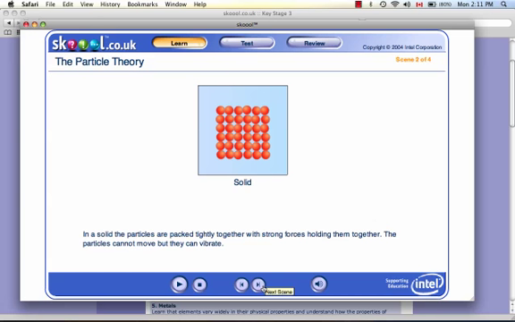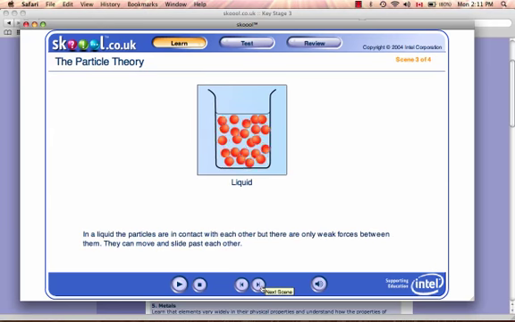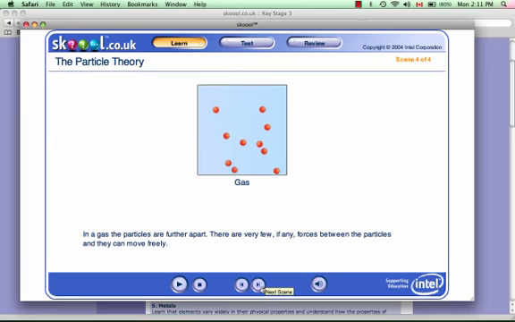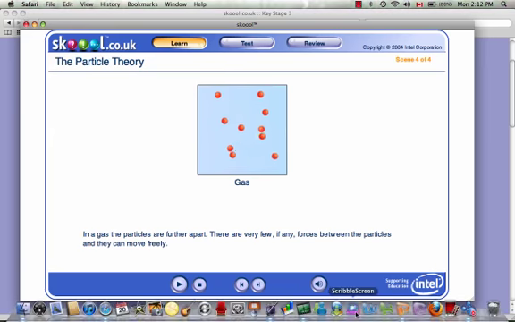The particles cannot move, but they can vibrate. In a liquid, the particles are in contact with each other, but there are only weak forces between them. They can move and slide past each other. In a gas, the particles are further apart. There are very few, if any, forces between the particles, and they can move freely.